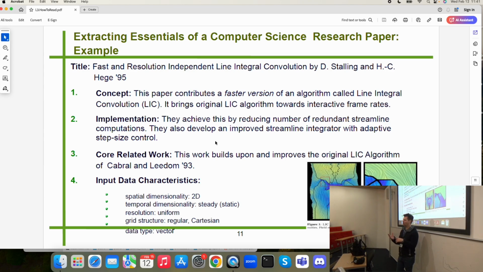All good research papers will have an overview of the implementation before they get into the details. So you have to look for that section on implementation and look at the first paragraph. And then there you will get a concise summary of the implementation.